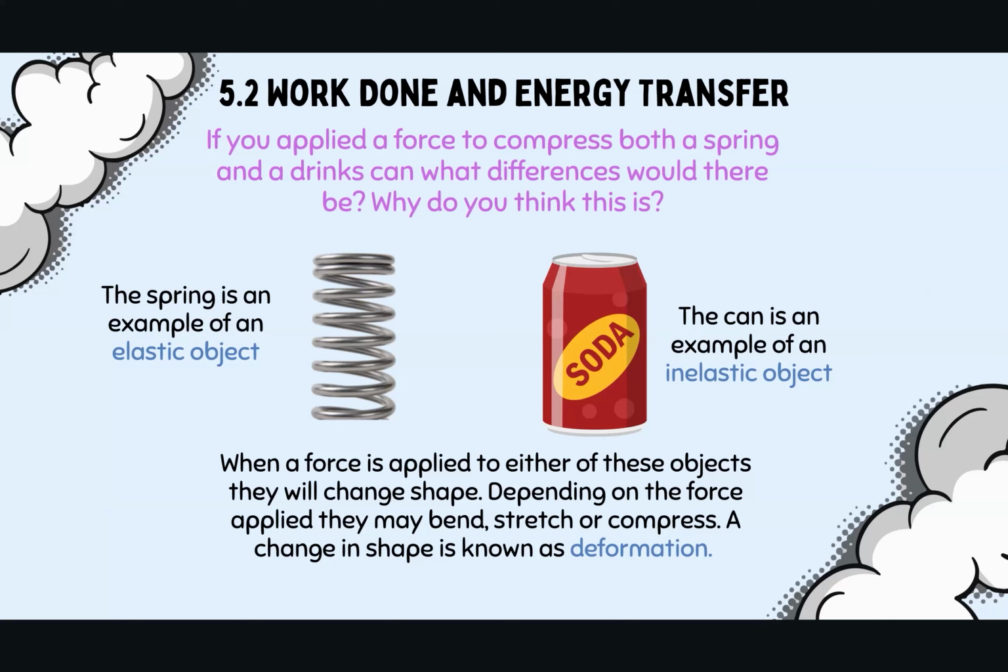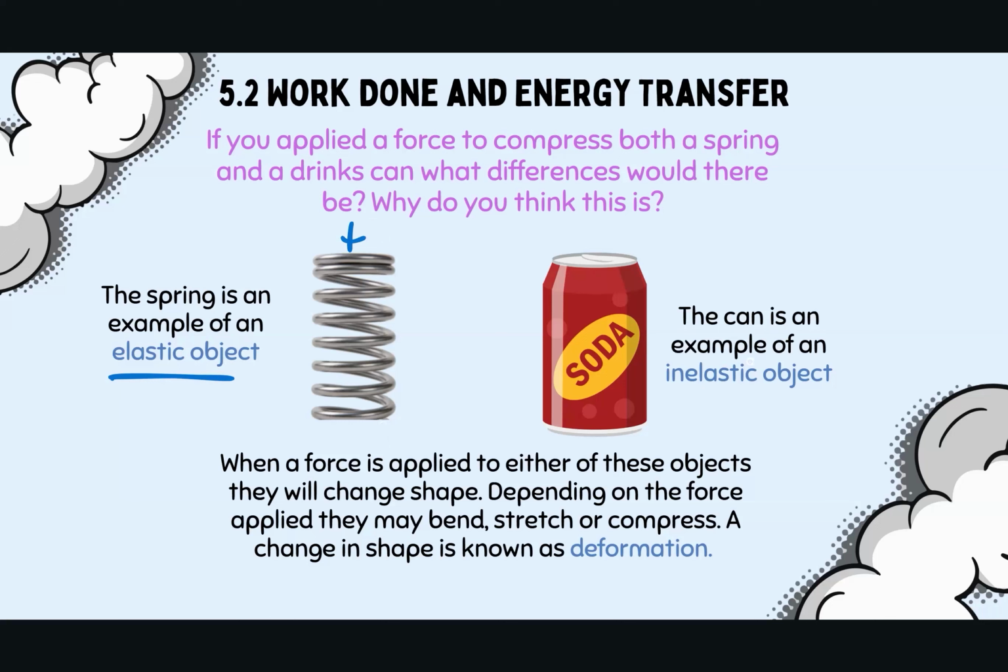If you applied a force to compress both a spring and a drinks can, what differences would there be and why do you think this is? So let's look at both. The spring is an example of an elastic object, meaning once you put force on it and you compress it, it goes back to its original shape.